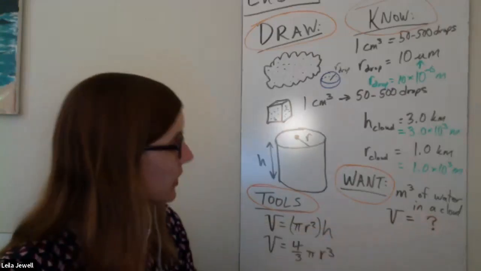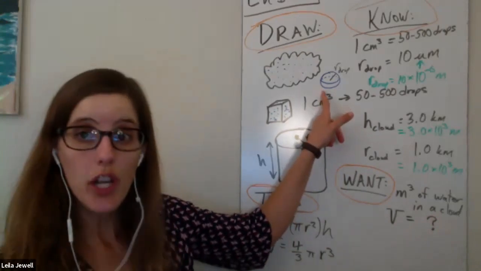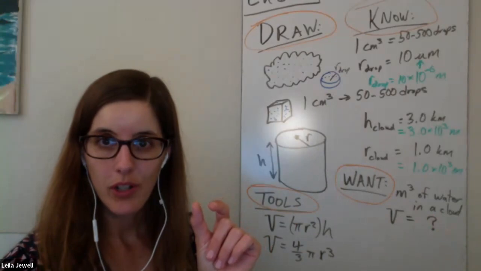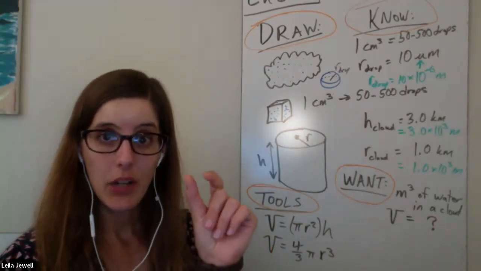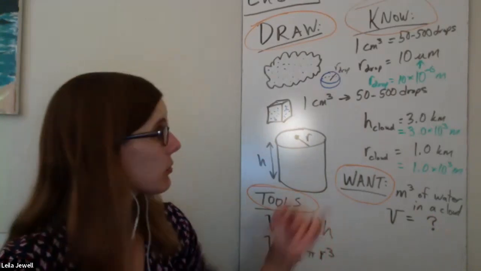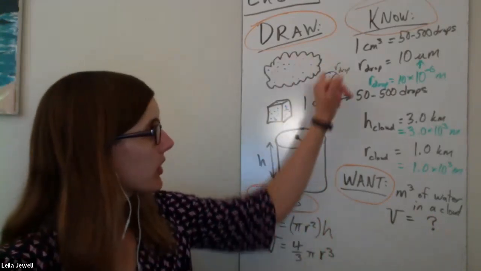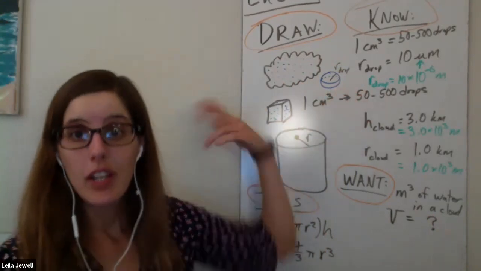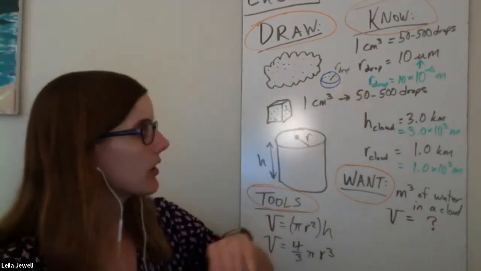Because we can also find the volume of an individual drop within the cloud, but that's just one drop, right? We need to know however many drops are making up all of the water in the cloud. Because once we know all of the drops within the cloud, then we can figure out, based on the volume of one drop, how much total volume there is of water.